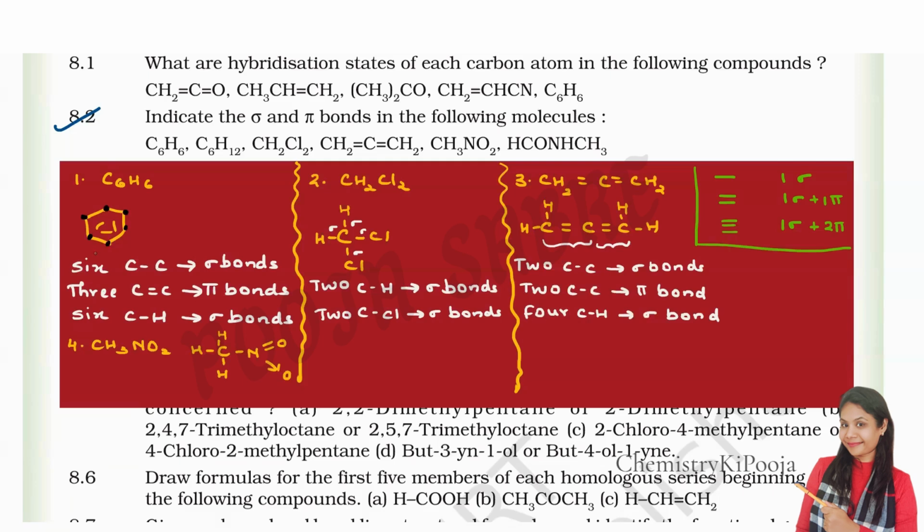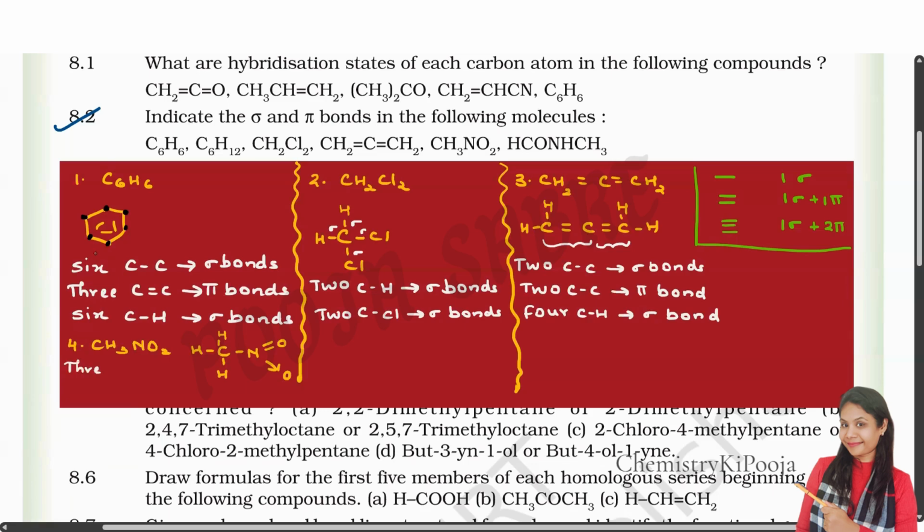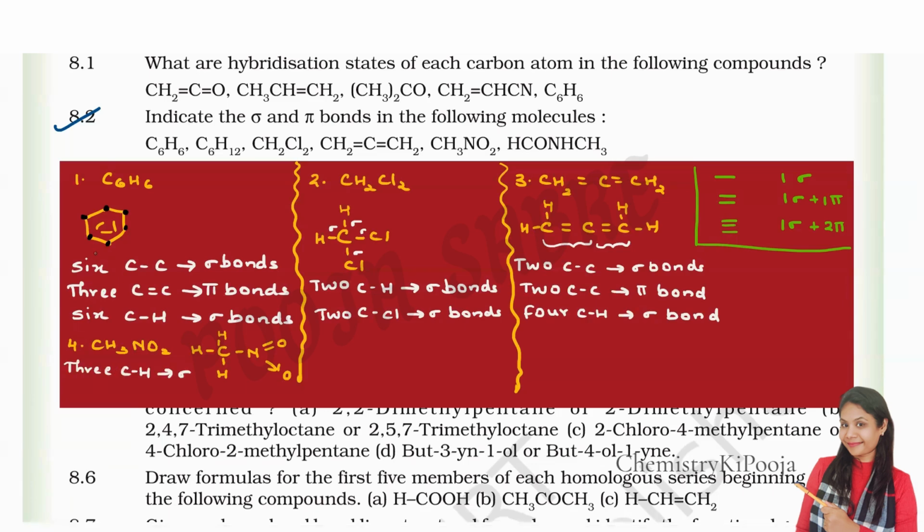So how many bonds are present now? Let us quickly write down. If I look at carbon and hydrogen, we have 3 carbon-hydrogen sigma bonds, right? Then we have 1 carbon-nitrogen sigma bond, right?